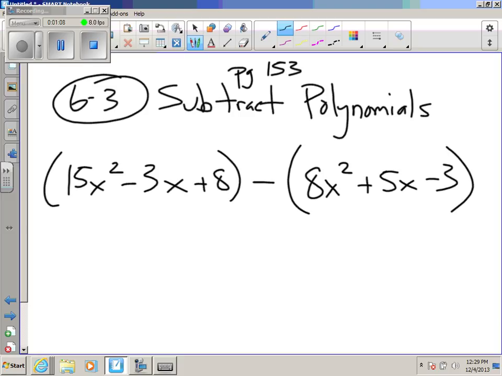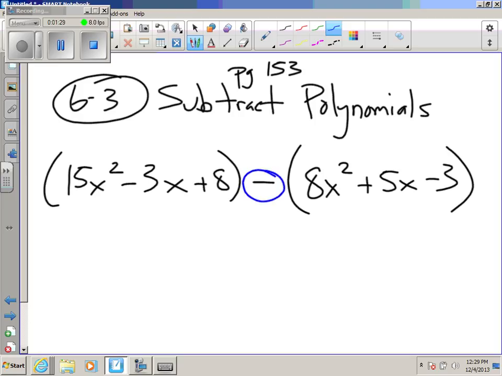Now, the same rules apply today as applied yesterday. So, Kate, you'll know that you cannot add or subtract any terms that are not like. Now, what we are going to do is a little bit of changing. I don't particularly like this in the middle.